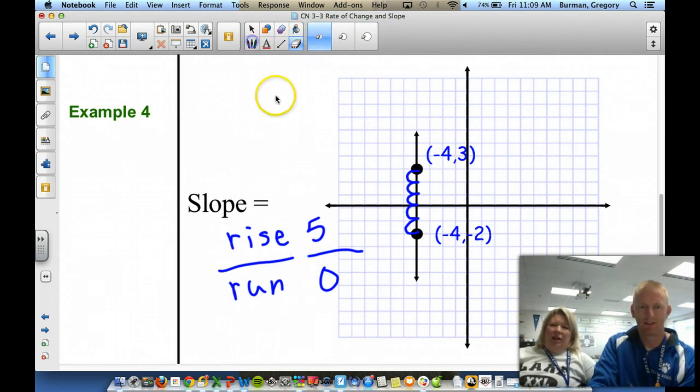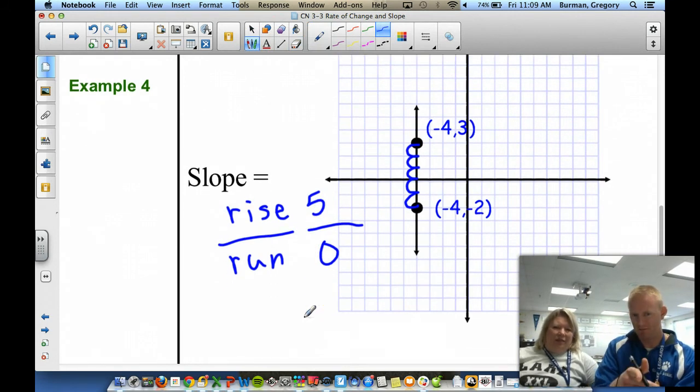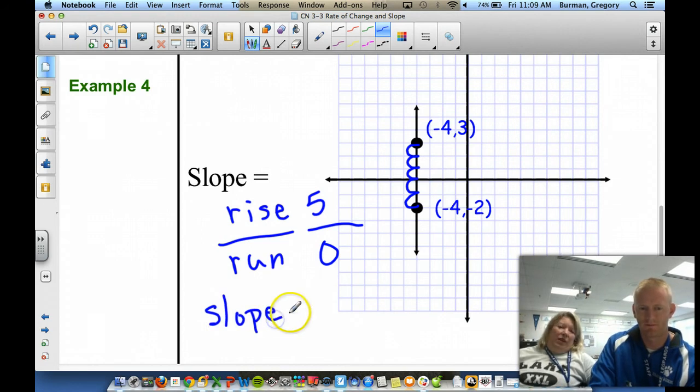I got a problem with this one, because my calculator says things like I can't do that. You're right. You cannot divide by 0. What does that mean? Old people a long time ago called this undefined or no slope.